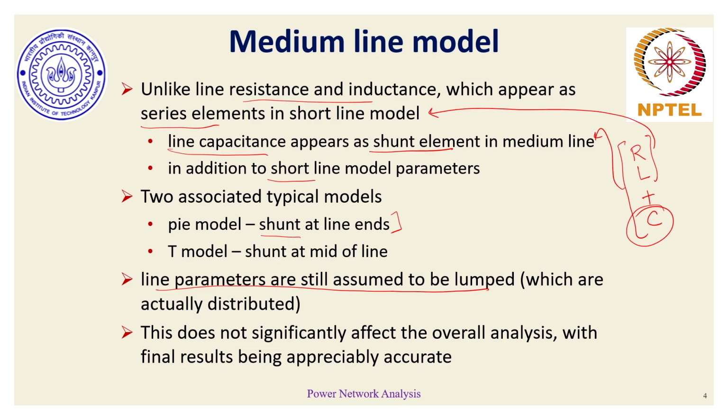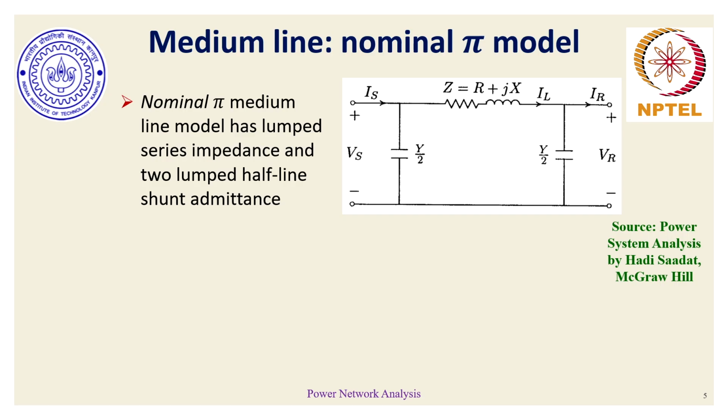As a result, the overall analysis with lumped representation and capacitance being considered doesn't lead to very significant differences compared to the actual perfect analysis, which would come as part of the long line model, which we will discuss in the next lecture. So the difference in terms of accuracy is not very large, provided capacitance is considered in the medium line model and parameters still remain lumped and not distributed.